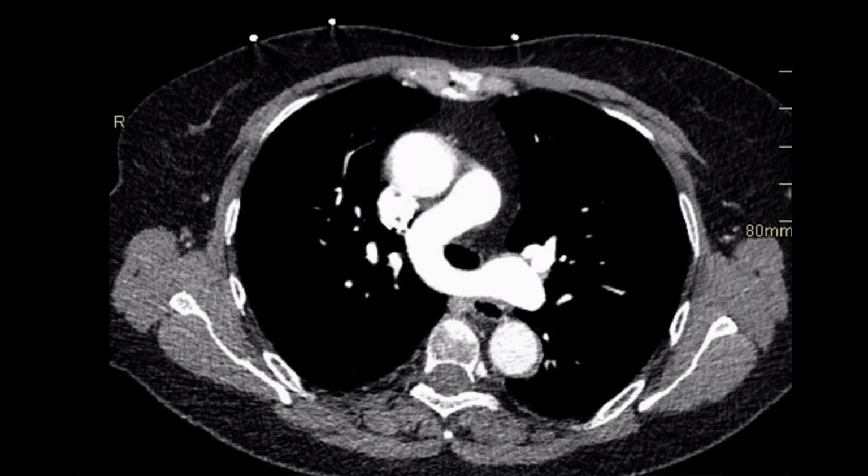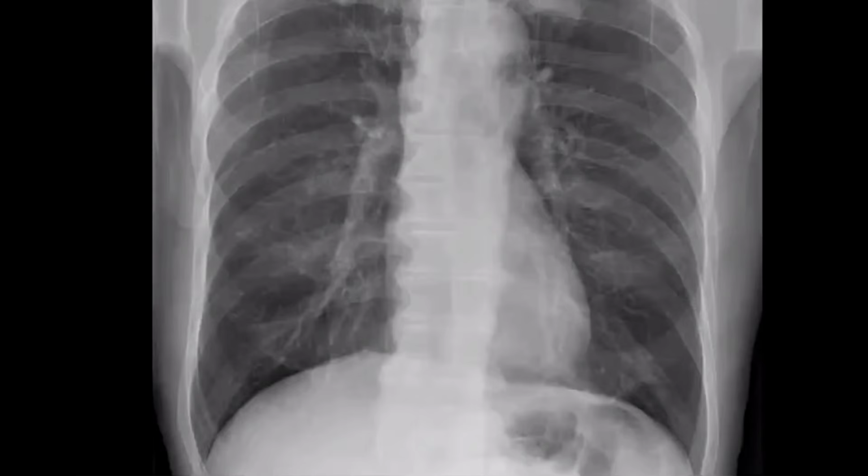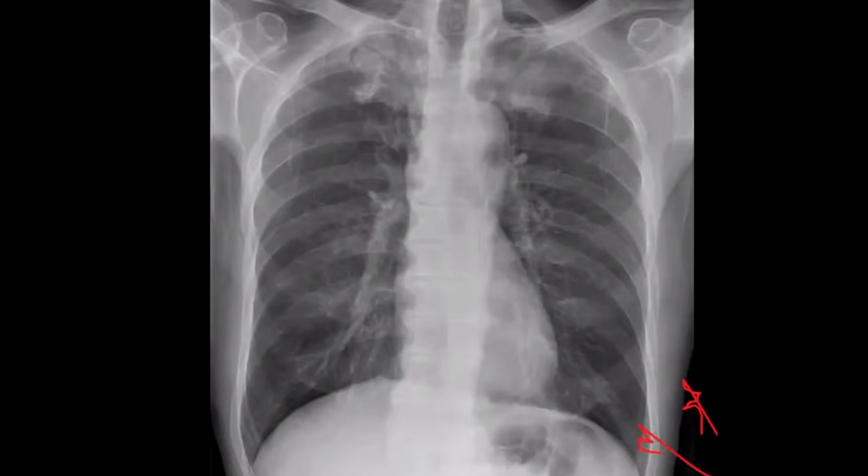Okay, let's go to the next case. What do you think? Give me also an idea. PA view chest X-ray showing bilateral upper zone lung opacity.